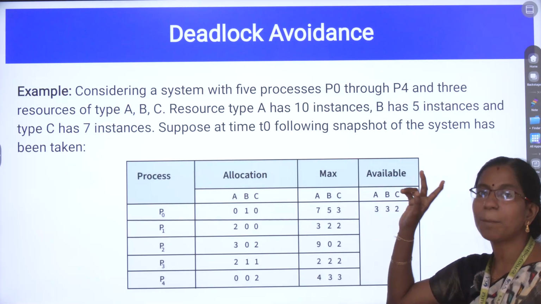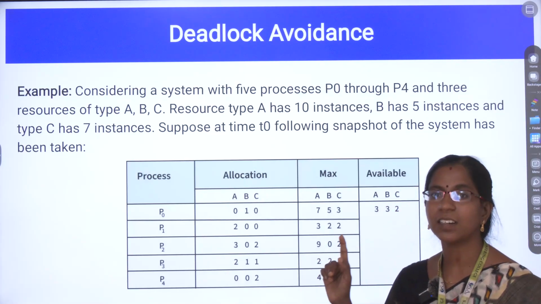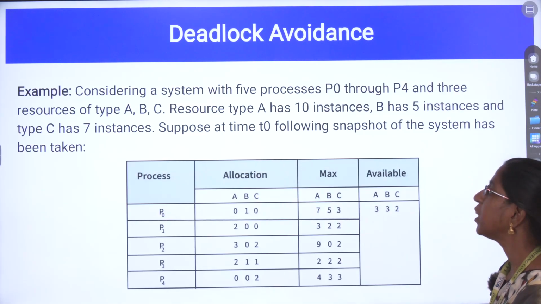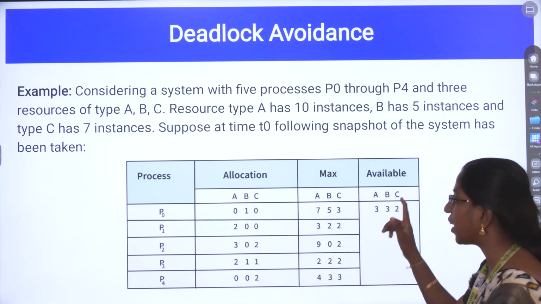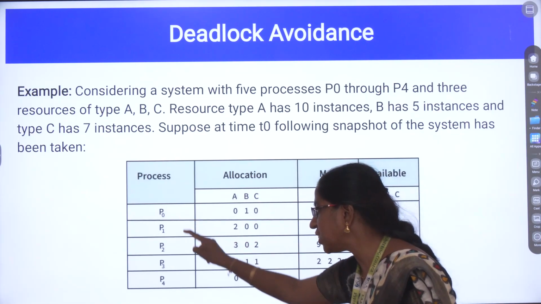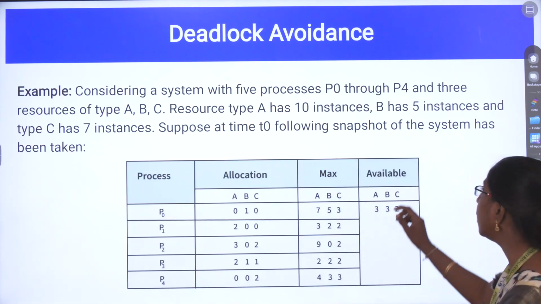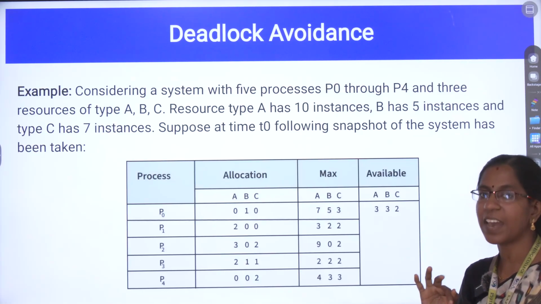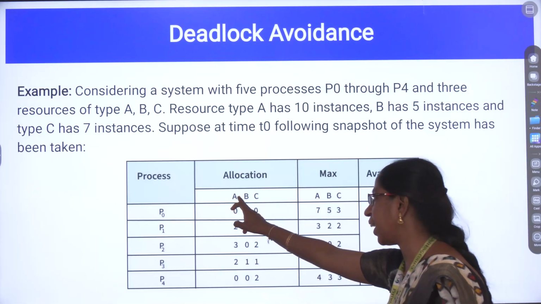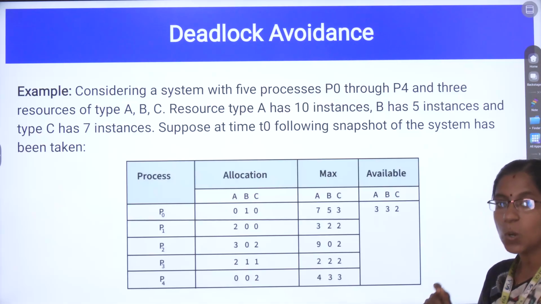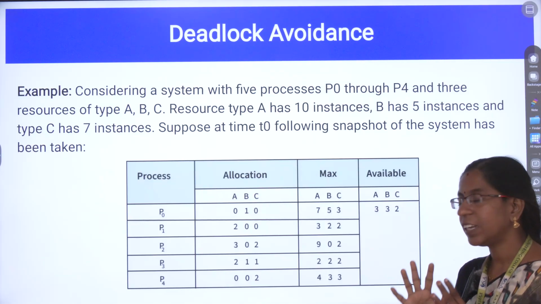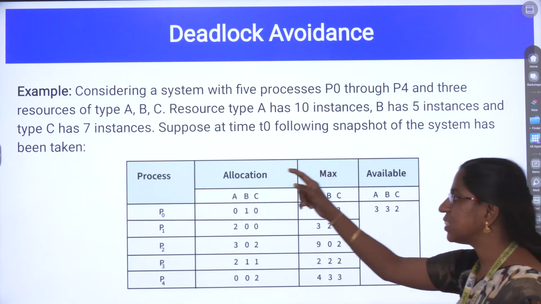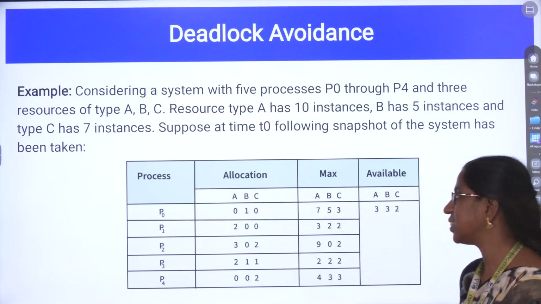So here we use the Banker's algorithm for deadlock avoidance. We consider one example: a system with 5 processes, P0 to P4, and resources of types A, B and C. Resource type A has 10 instances, B has 5 instances and type C has 7 instances.